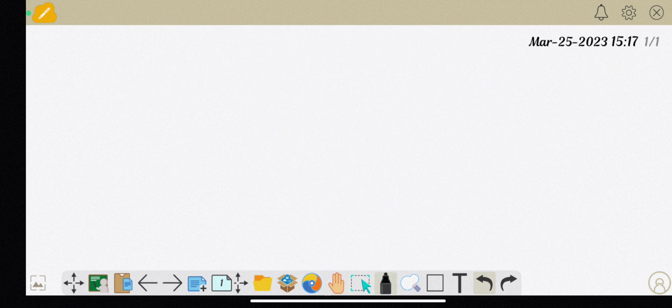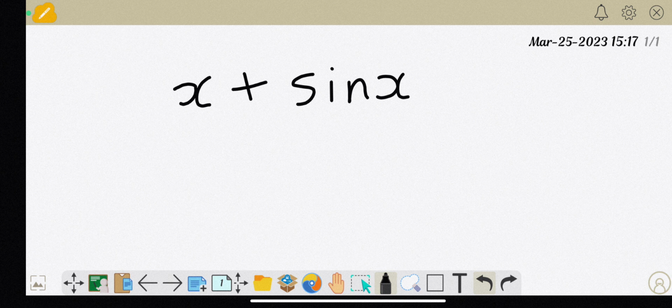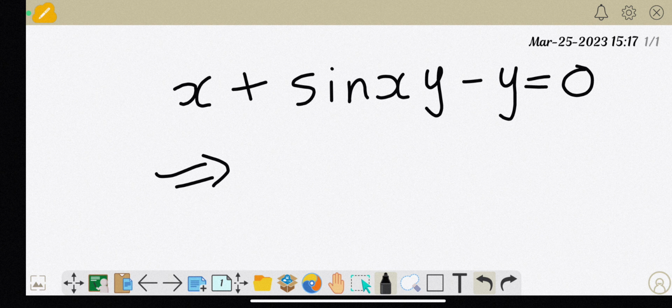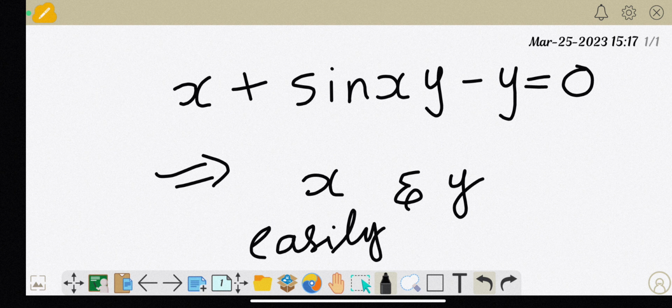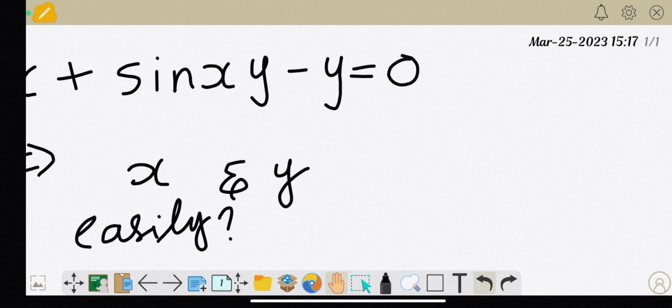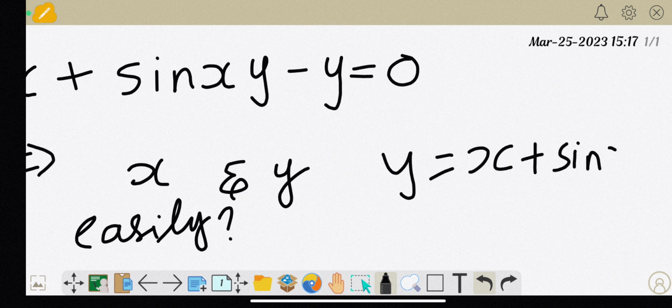But see, if I give one example in this way: x plus sin xy minus y is equal to 0. Can you separate x and y easily? If you want, you can try. y is equal to x plus sin xy, you will get. But there is xy inside the sine, correct?